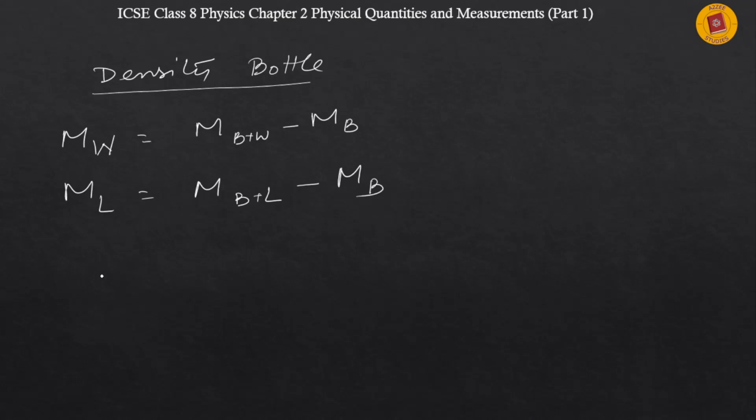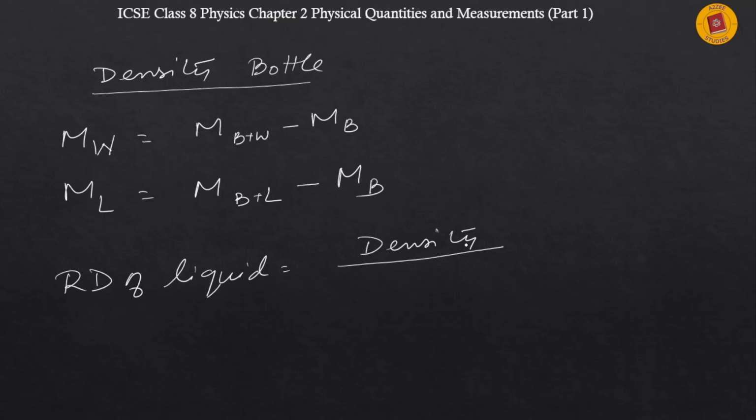Now what will be the relative density of the liquid? Relative density of liquid is equal to density of liquid divided by density of water.